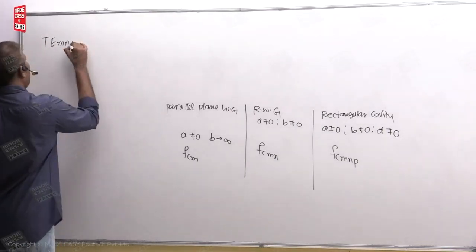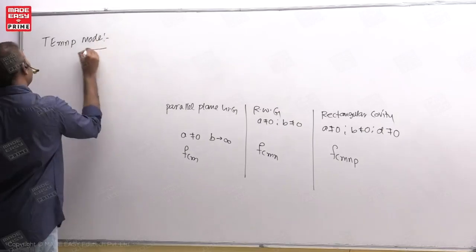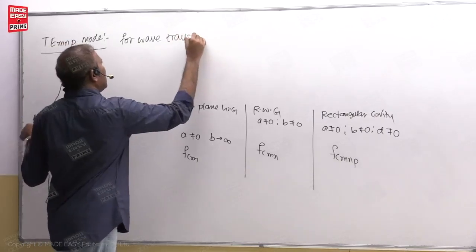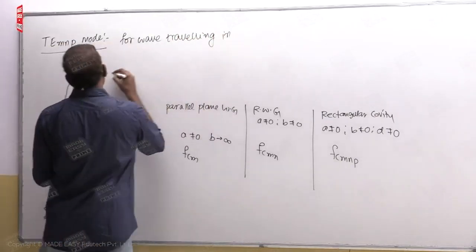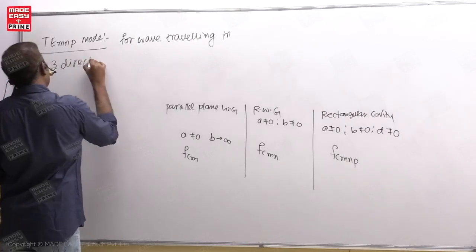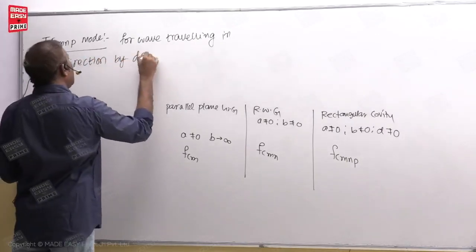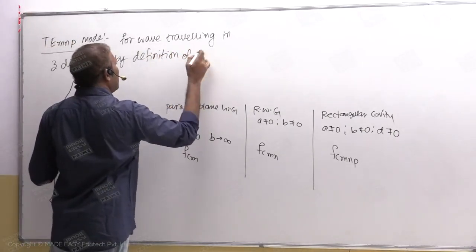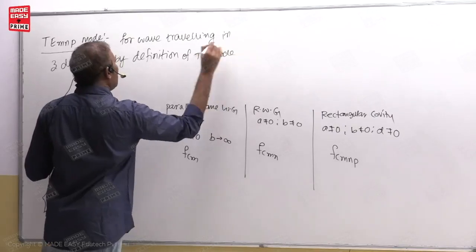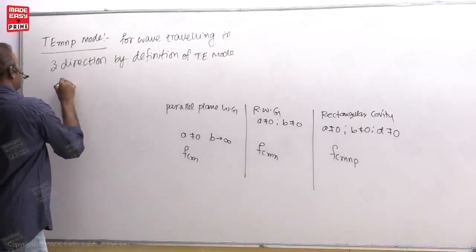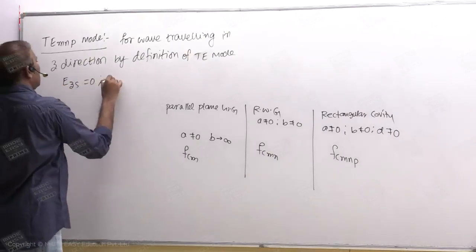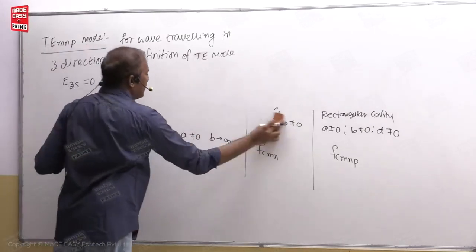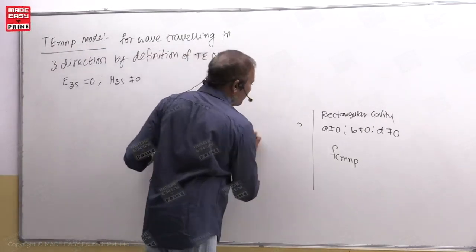So TE MNP mode, for wave traveling in Z direction, by definition of TE mode, EZS is 0 and HZS is not 0, this is the main component. Okay, that means you write the equation of HZ.